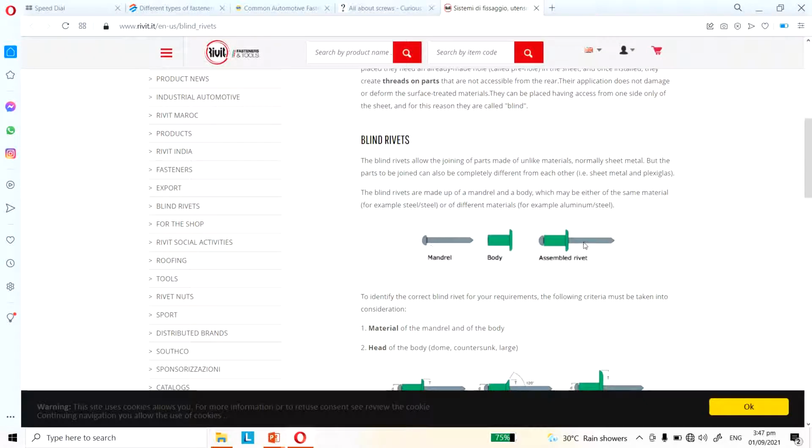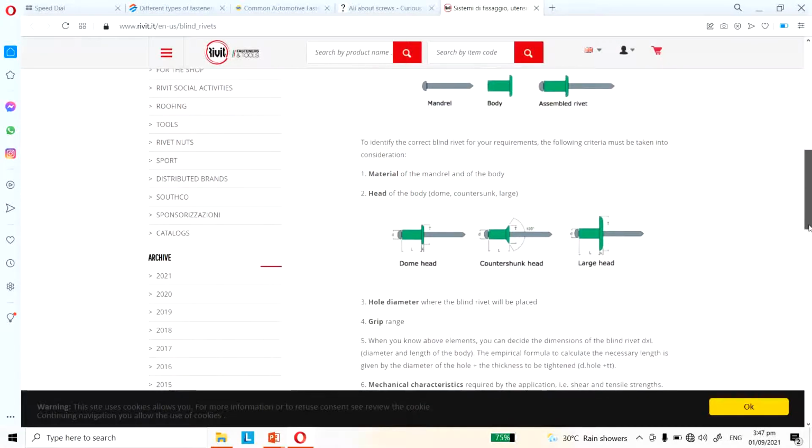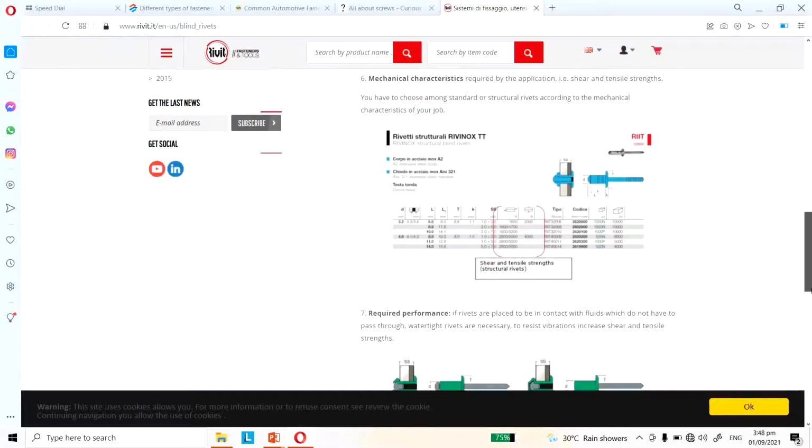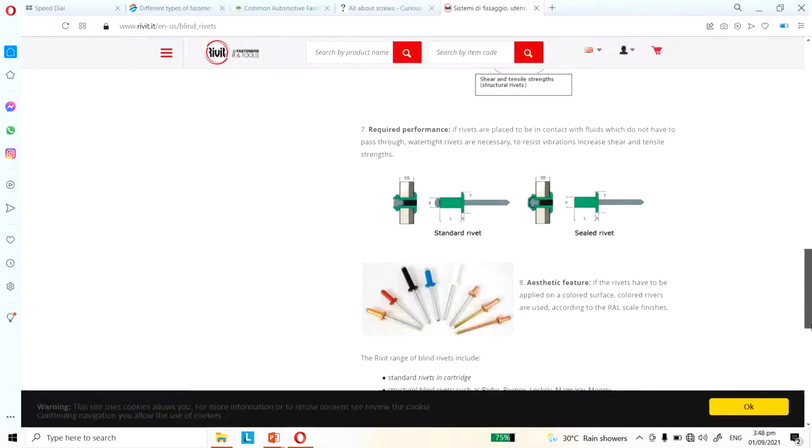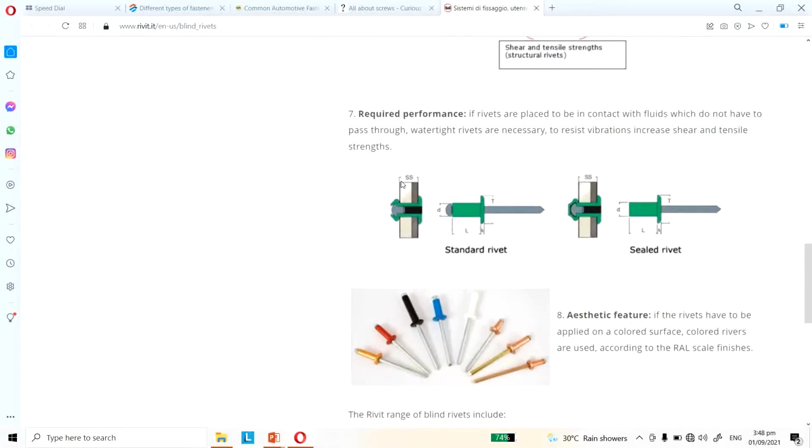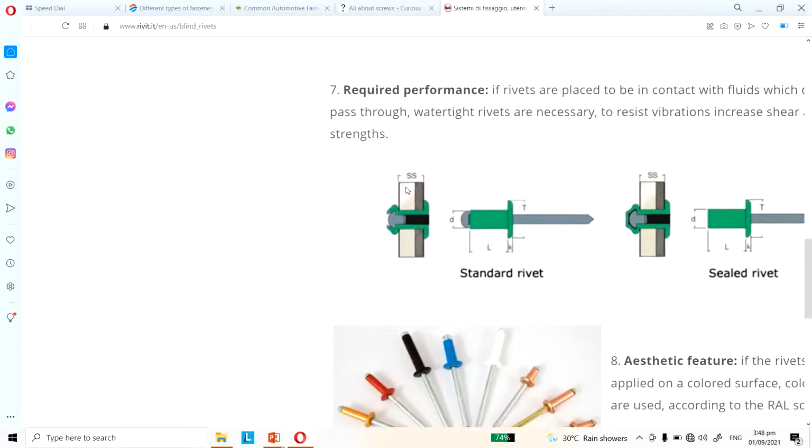Once they are assembled, it's holding the parts being joined. So let's say right here we have this part A, and then this is part B. Once it is assembled, it will hold the parts like this.